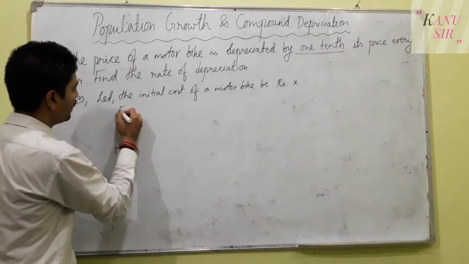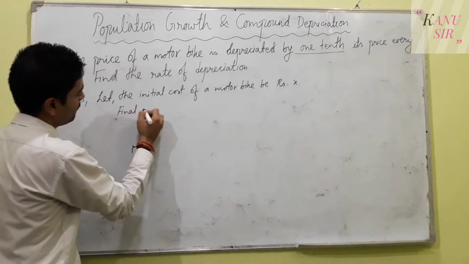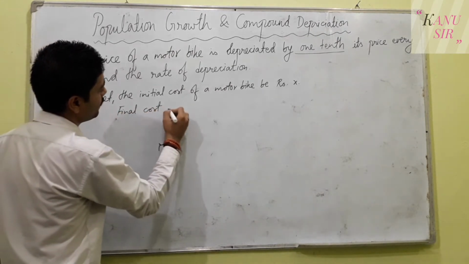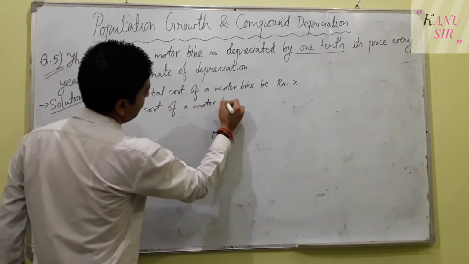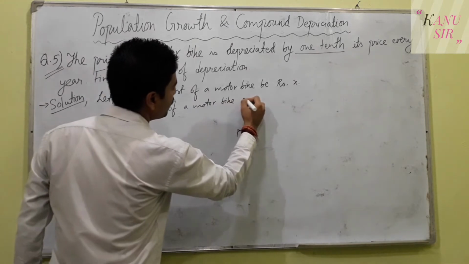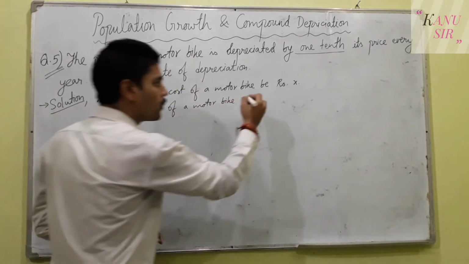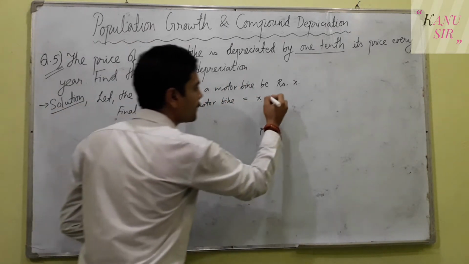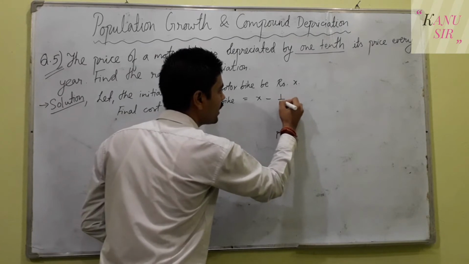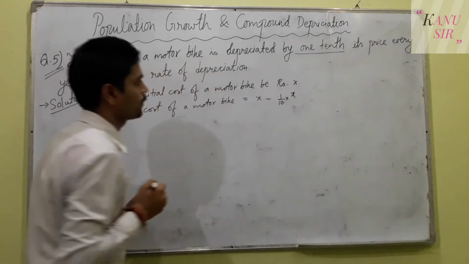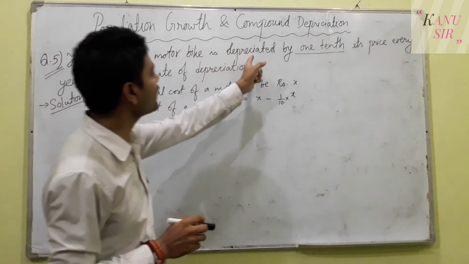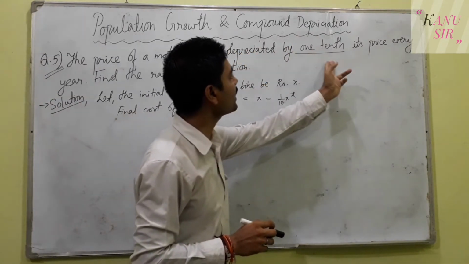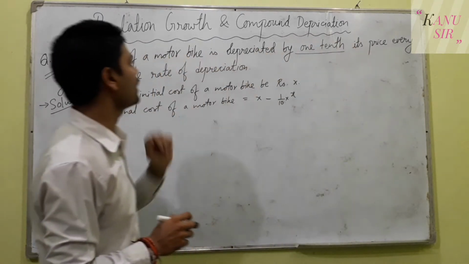So we will write the final cost of a motorbike is equal to the initial cost minus 1/10 of its cost. Let us see again: the price is depreciated by 1/10 of its price every year.